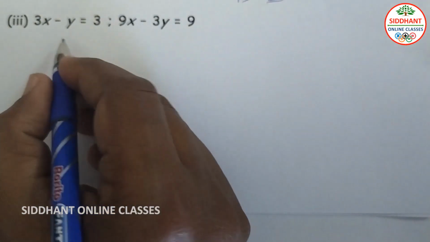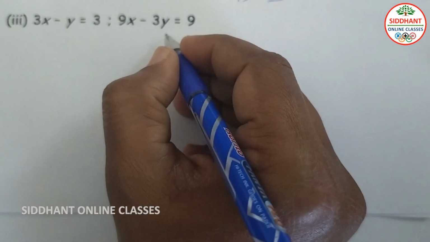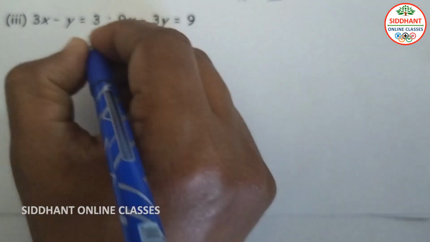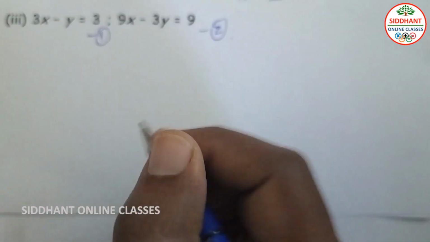Question number 3. 3x minus y equal to 3, 9x minus 3y equal to 9. So this is first equation, this is second equation.